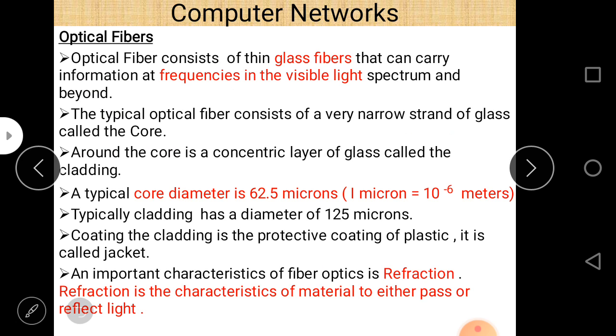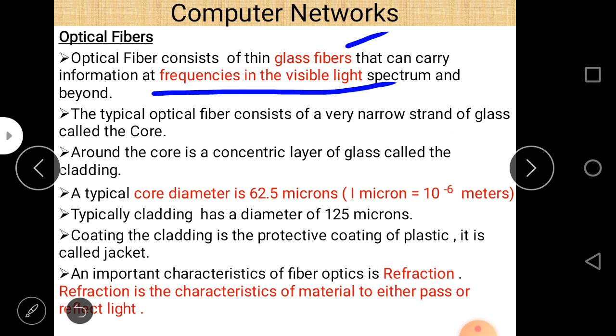Now, there are some important points. First of all, fiber optical cable consists of thin glass fibers that can carry information at frequencies of visible light. When we compare twisted pair cable, coaxial cable and fiber optical cable, the speed of fiber optical cable is much higher than twisted pair cable and coaxial cable, up to light frequency.